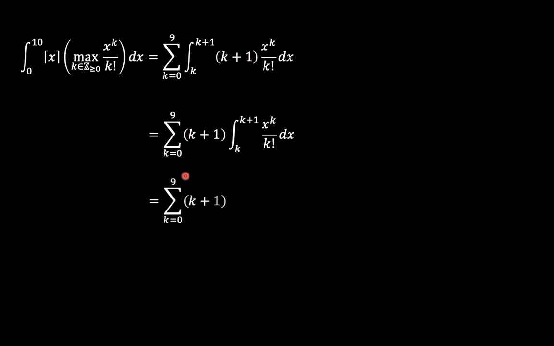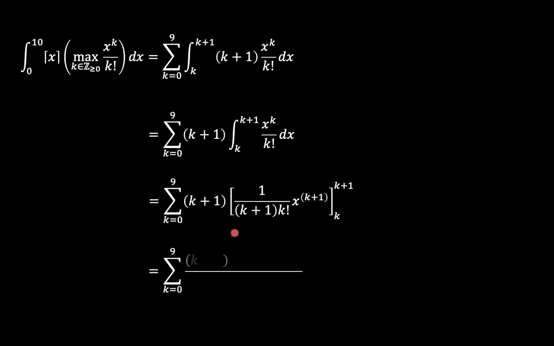And so we realize that now we have k plus 1 over 1 plus k, times k factorial, x to the power k plus 1 from k to k plus 1. Now this k plus 1 cancels, and so we are left with the summation of k plus 1 to the power k plus 1 minus k to the power k plus 1, over k factorial, from k equals 0 to k equals 9.